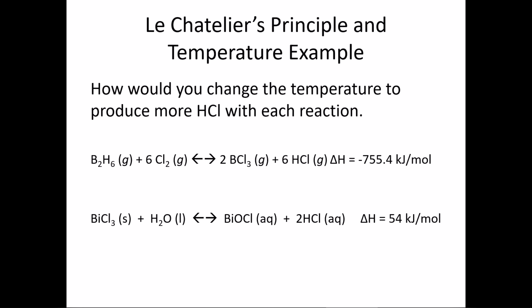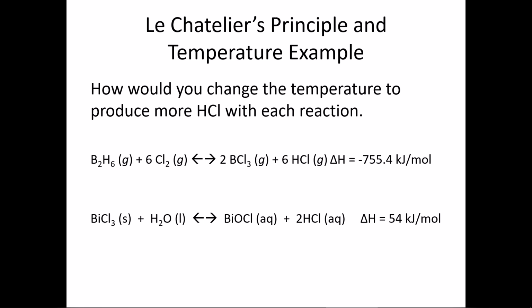So let's look at these two equations. Let's say I work in a lab that wants to produce HCl. So it's my job to make as much HCl as possible. I have these two reactions that I can use. So if I look at the first one, B2H6 goes to 6Cl2, HCl is a product, and I have a negative delta H, so this is an exothermic reaction.